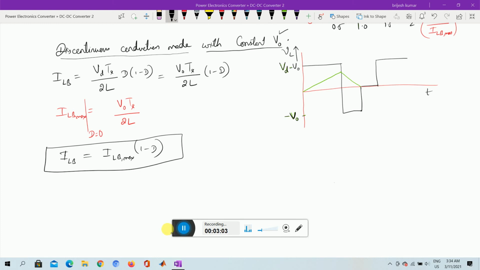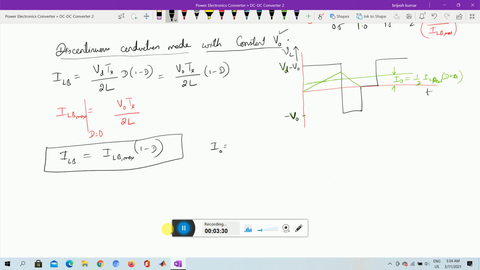Now we can get the average current. Here I0 is the average current. We know it is equal to half IL peak into (D plus del 1). How do we get this? We can calculate the average value of the current I0.